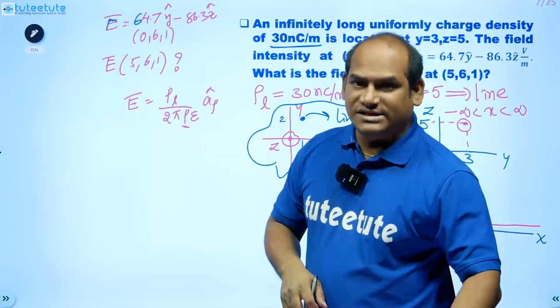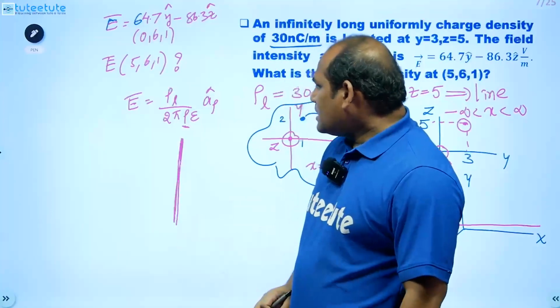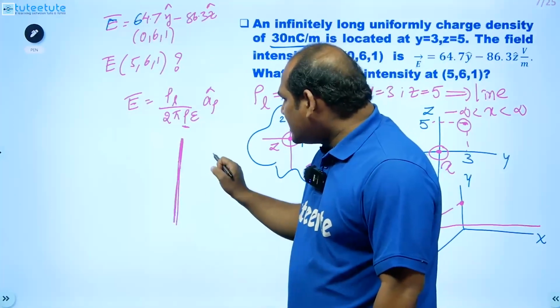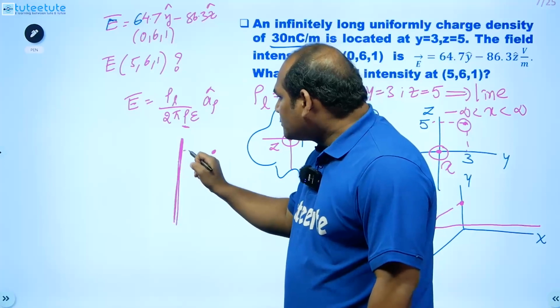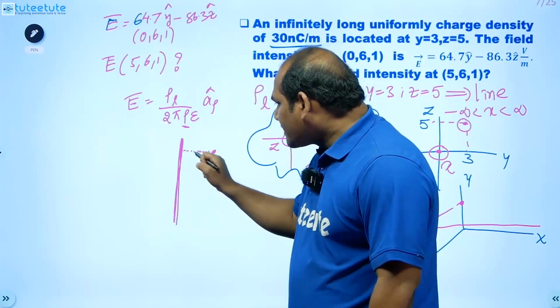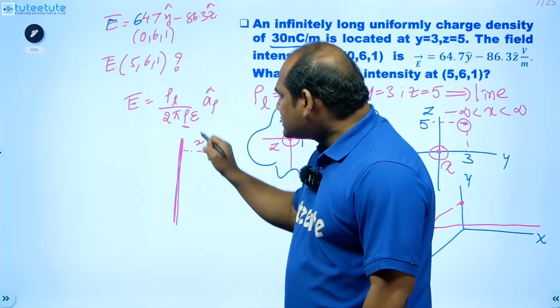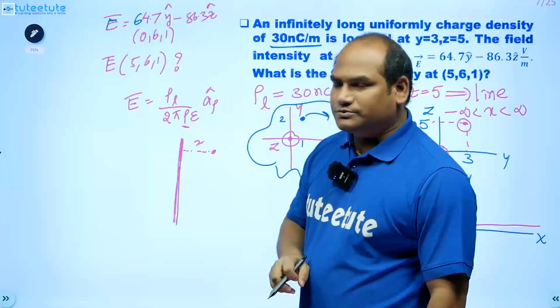The perpendicular distance matters. For example, the infinite line is like this. If you want to calculate the electric field at this particular point, you need to calculate the perpendicular distance. If it is 2, this rho is equal to 2, you substitute.